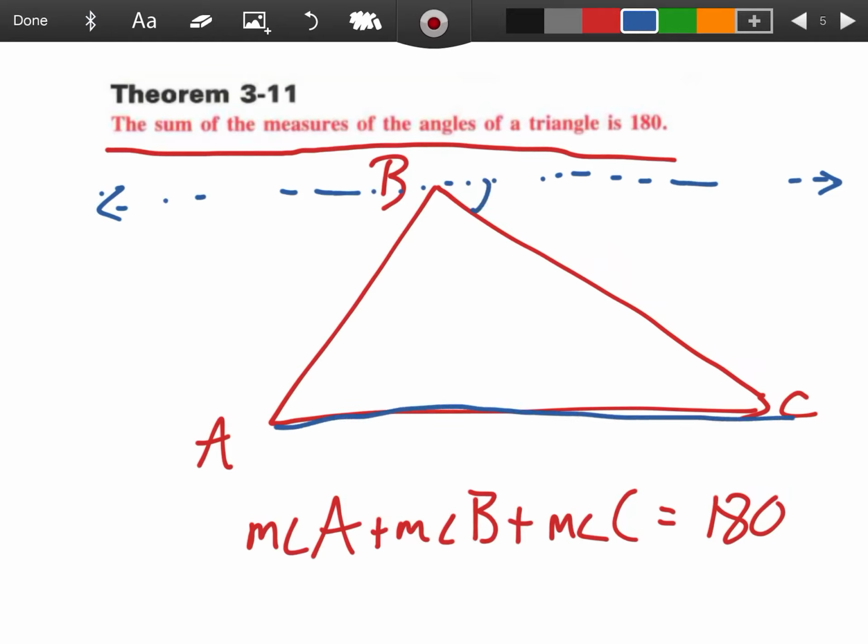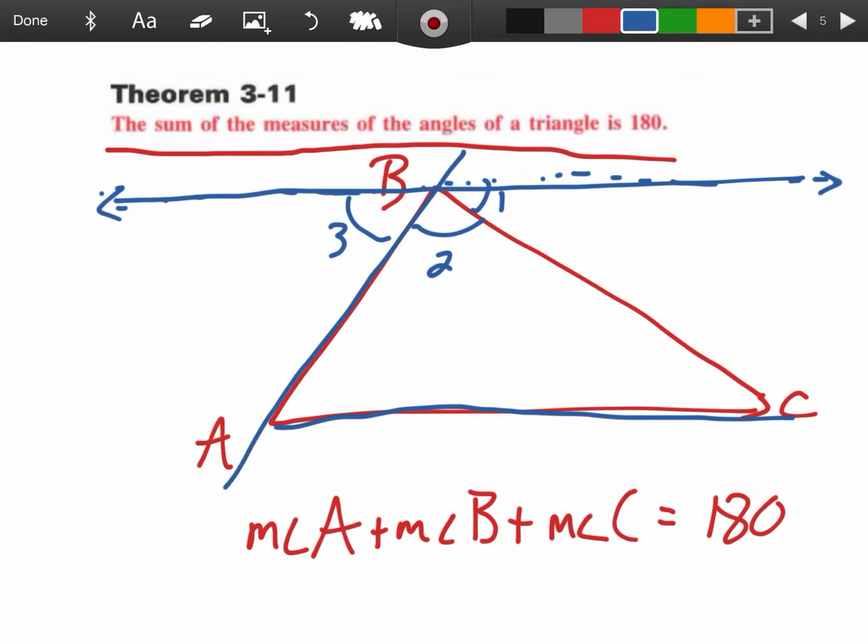I'm going to call this angle number 1, this angle number 2, and this here angle number 3. If this line is parallel to AC, then angle 3 is congruent to angle A because those are alternate interior angles. Same thing, angle 1 is an alternate interior angle with angle C, so those are congruent.